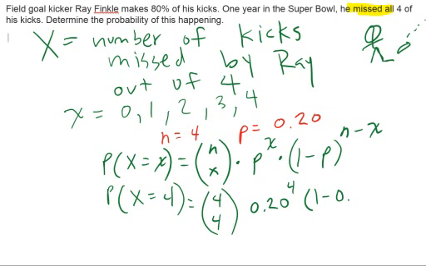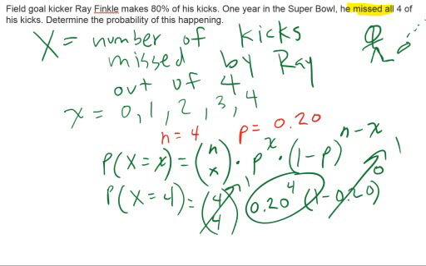See what I did there? That was on purpose. Raised to the 0 power. And look what happens! We just get the multiplicative rule for independent events. 1, and you get 0.2 to the 4th power.